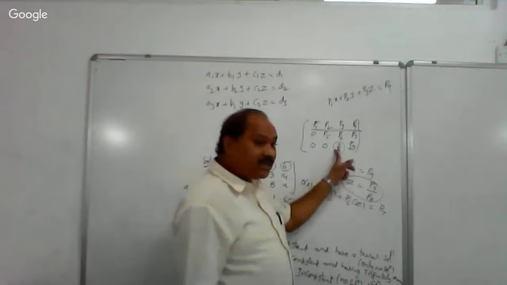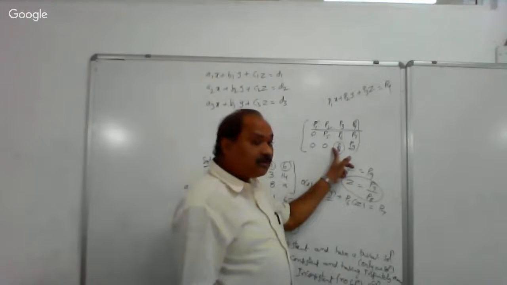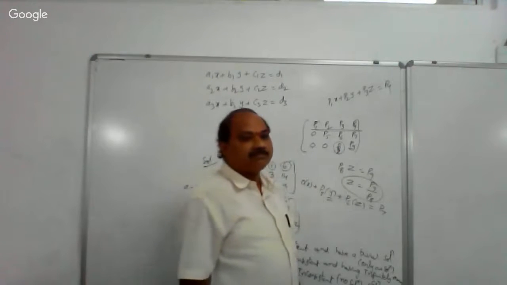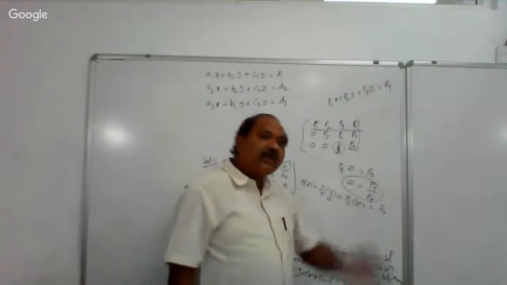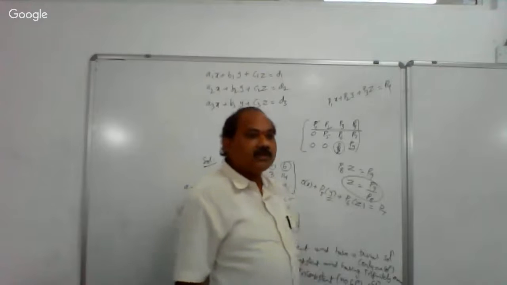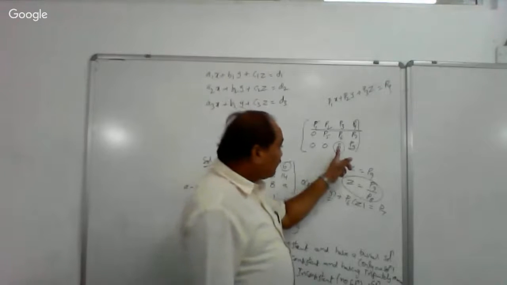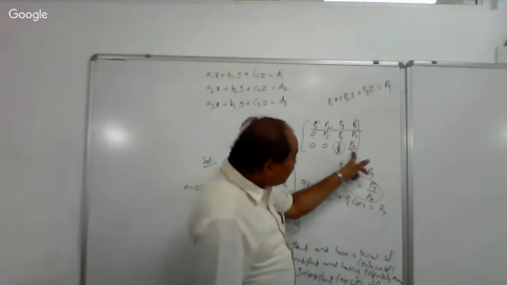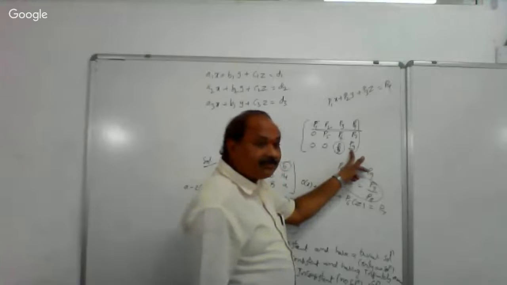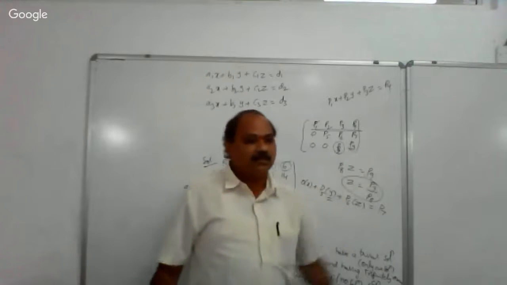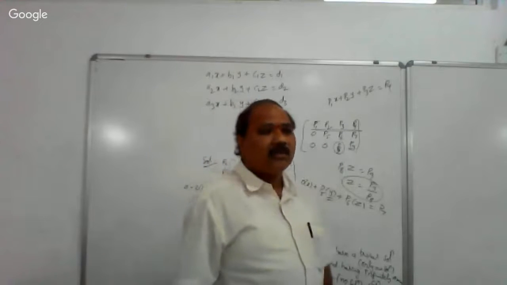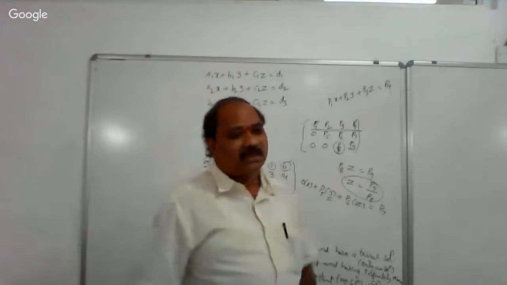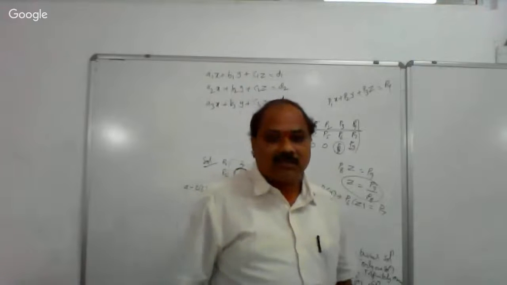If p8 is 0 but p9 is non-zero, inconsistent, no solution. I think this is the easiest method to find the nature of the system of equations. Okay? Any doubts?